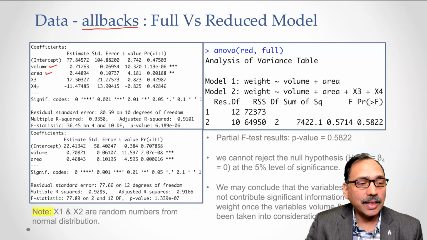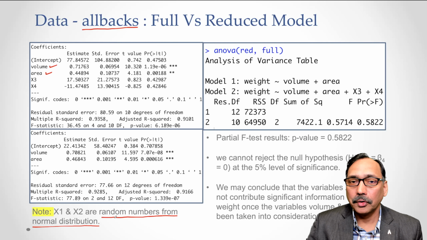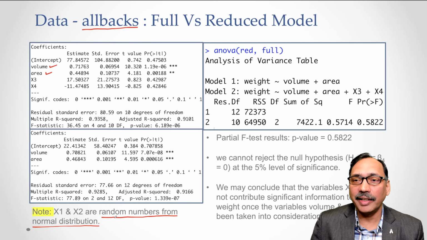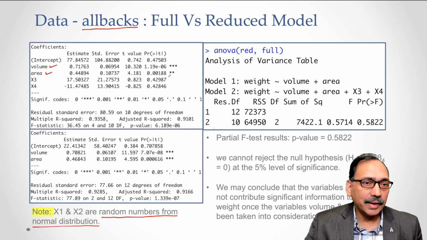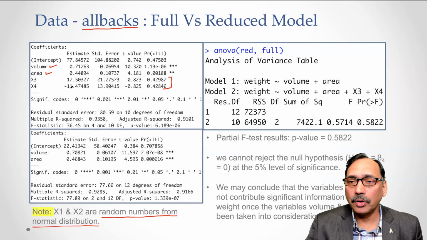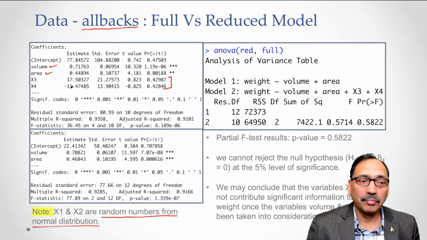These two variables are basically random numbers from a normal distribution, which means that they should not be significant because it's basically random noise. In the model, you can see that the model correctly indicates that the p-value is very high, and basically their betas are not very different from 0. So the null hypothesis cannot be rejected. These betas should be treated as more or less 0.